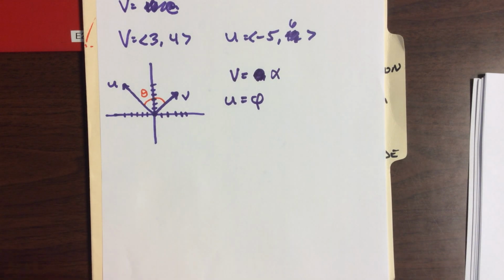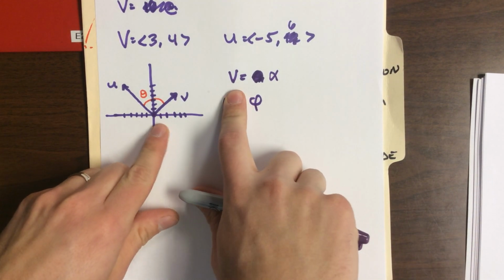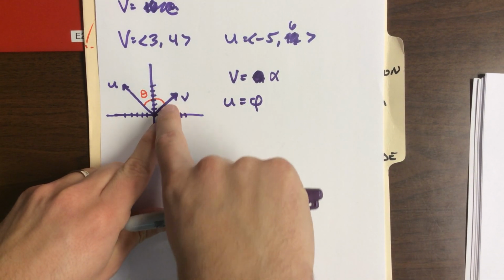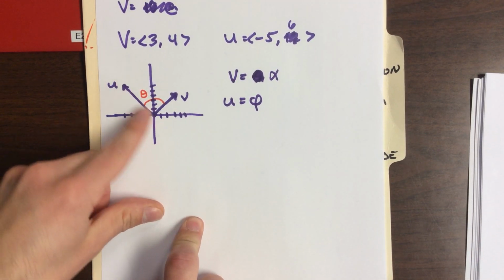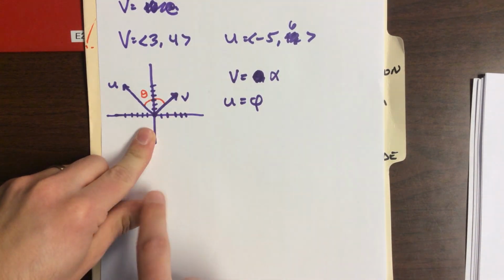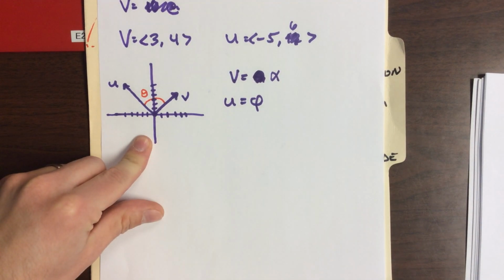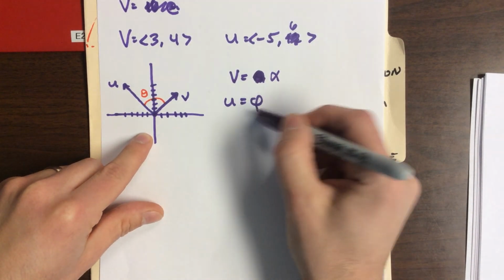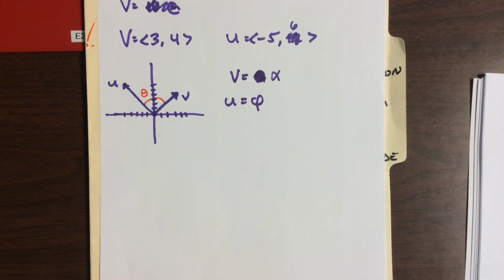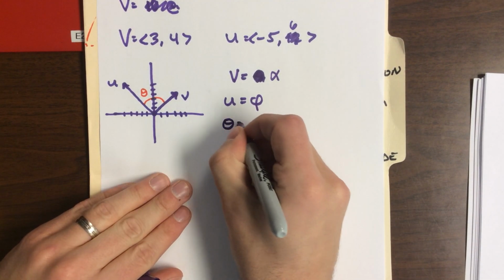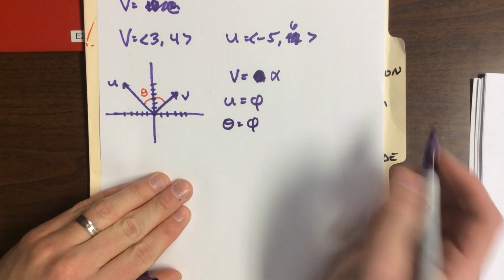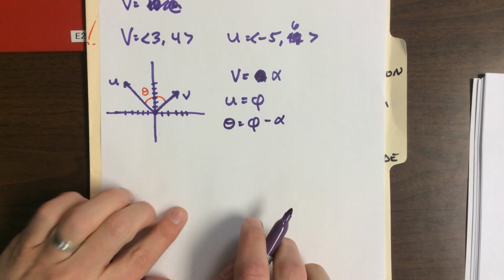Alpha. So if V is a vector at angle alpha, and U is a vector at angle phi, how would I get angle theta in there? How would I get the difference between the two? Or I could just do this angle minus this angle. The angle between them is going to be the bigger angle minus the smaller angle.